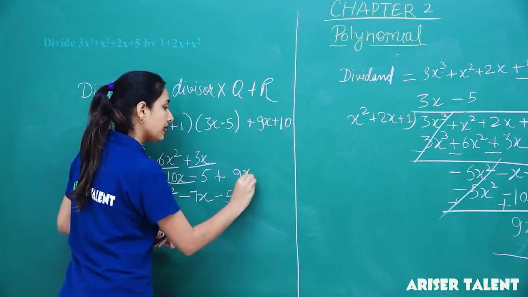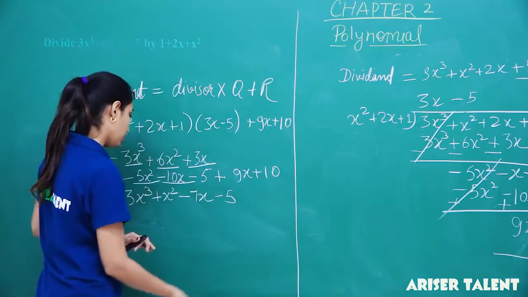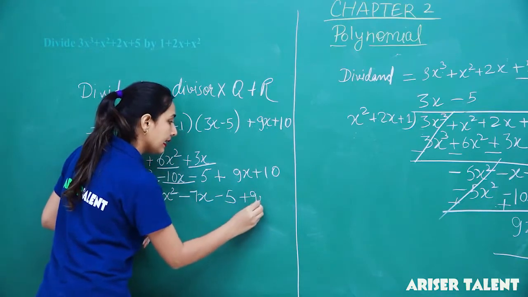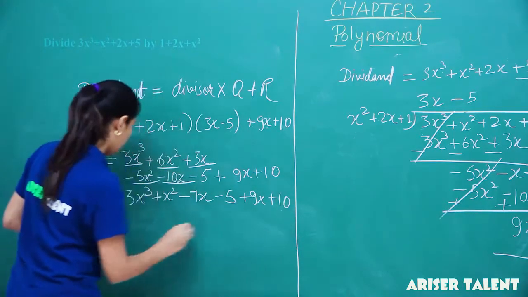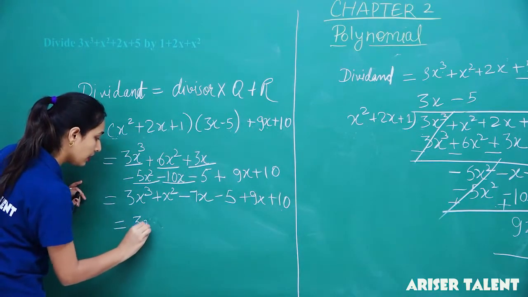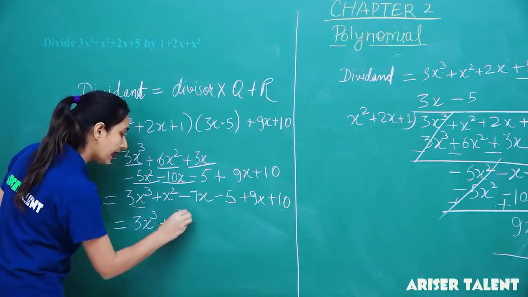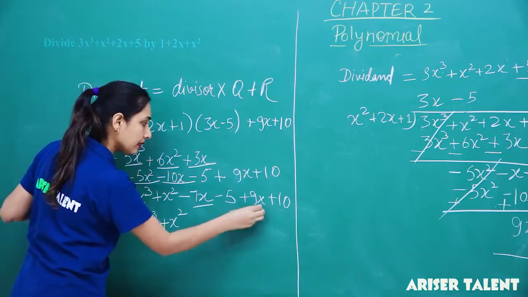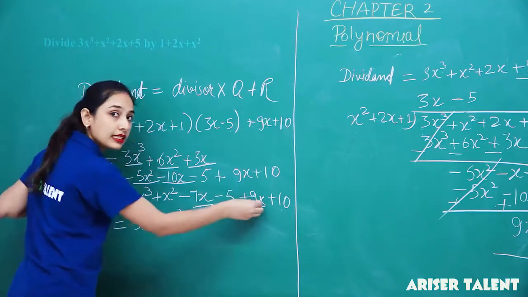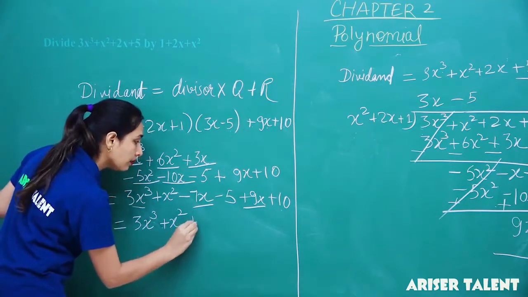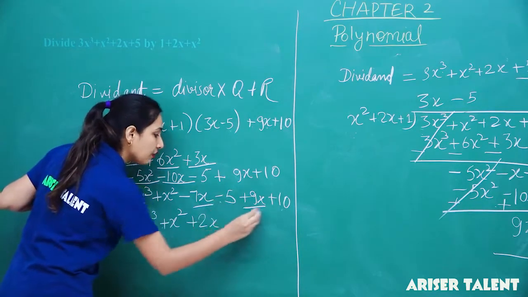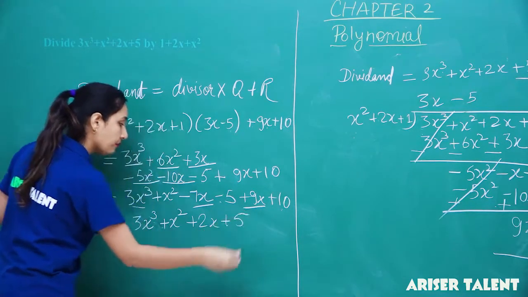Okay, now we were having this 9x plus 10 also in the equation. So, plus 9x plus 10, that will give you 3x cube, then x square, then this minus 7 plus 9 will give you 2x, plus 5.